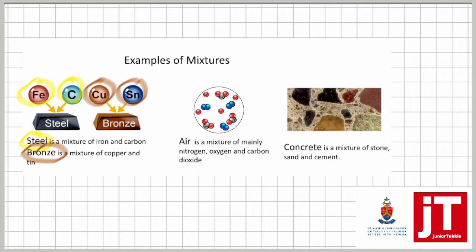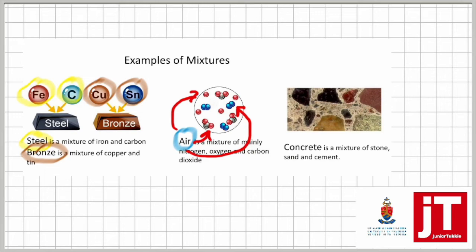A very common example that we are familiar with is air. Air is a mixture mainly of nitrogen. The second most prevalent component is oxygen, and then lastly carbon dioxide. Now you'll see when we look at the picture of the air, there are lots of different types of particles in the air, and that indicates that we have more than one type of particle, so air is a mixture.